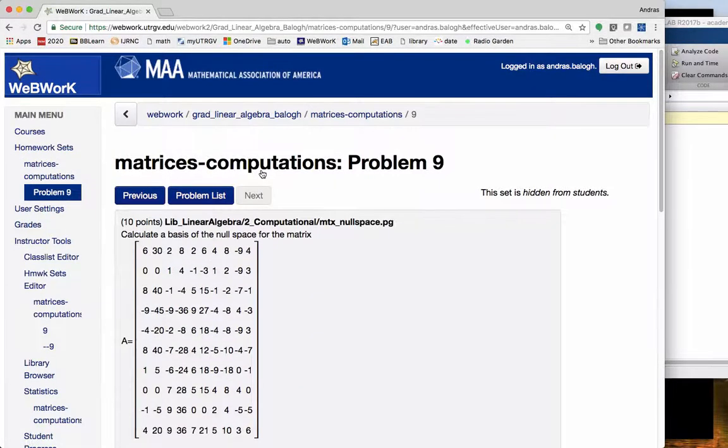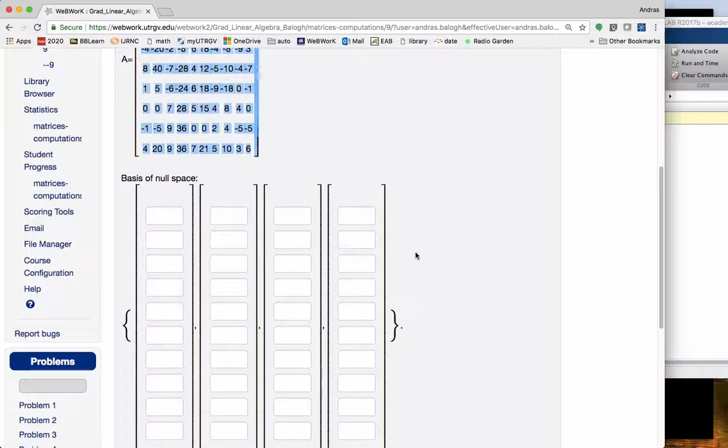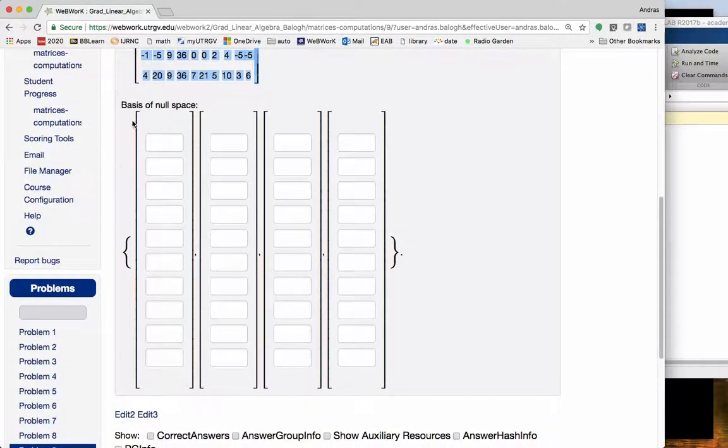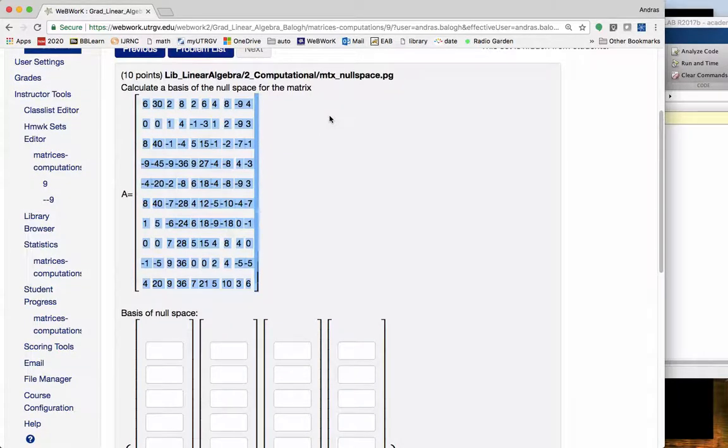The last question, basis of the null space for a matrix. Now, if you remember how we calculated null space in a previous homework assignment, we had to solve the homogeneous equation AX equals 0, and then we had free variables usually, unless the null space was the 0 vector only.